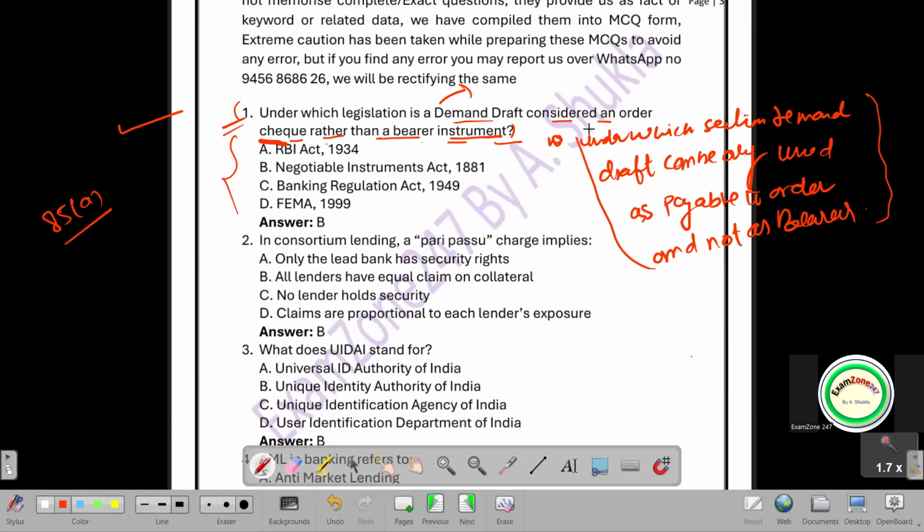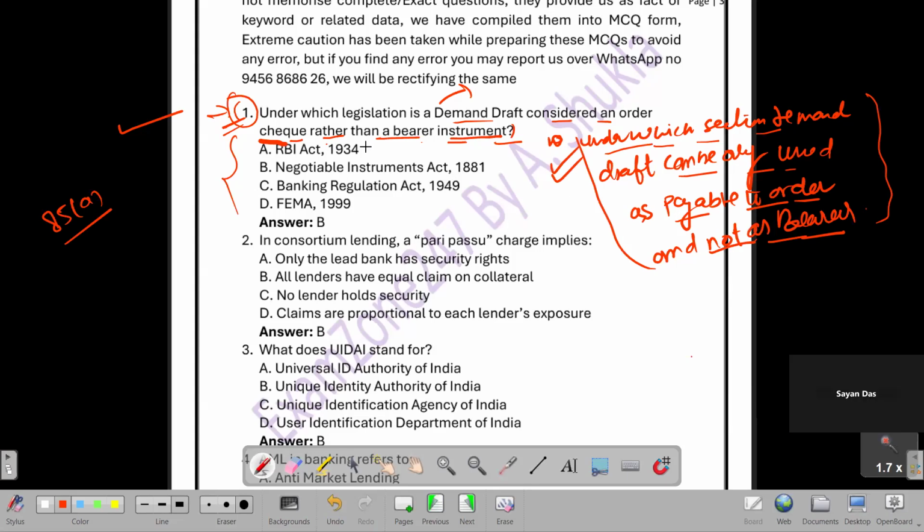Okay, but in SBI, this question was asked. This question I have framed related to this. But in SBI, this question was asked: under which section can a demand draft be only payable as order, not as bearer? Can anyone tell and comment? Is there anyone who can tell what is the section of this?